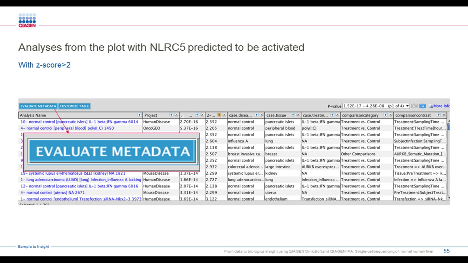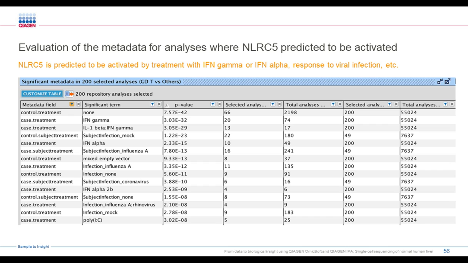Well, let's explore in our case where we think that NLRC5 is expressed. We are going to just set this score superior to 2. So we're asking the question, show me the enrichment of keywords in which that particular NLRC5 is predicted to be activated. Same as before, we're going to evaluate the metadata to give us an idea.